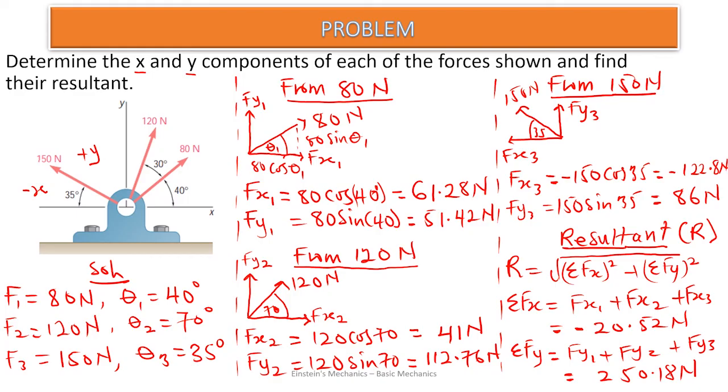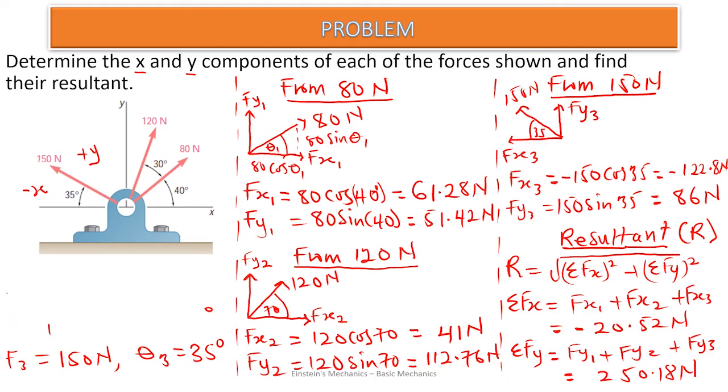Now this is the formula for the resultant. Root of the summation of x squared and that of the y squared. So let's try to get this part erased and finish whatever we are trying to do for the resultant. So let's put the values in, which is our R is going to be the square root of summation of the x, which is negative 20.52 squared plus 250.18 squared.